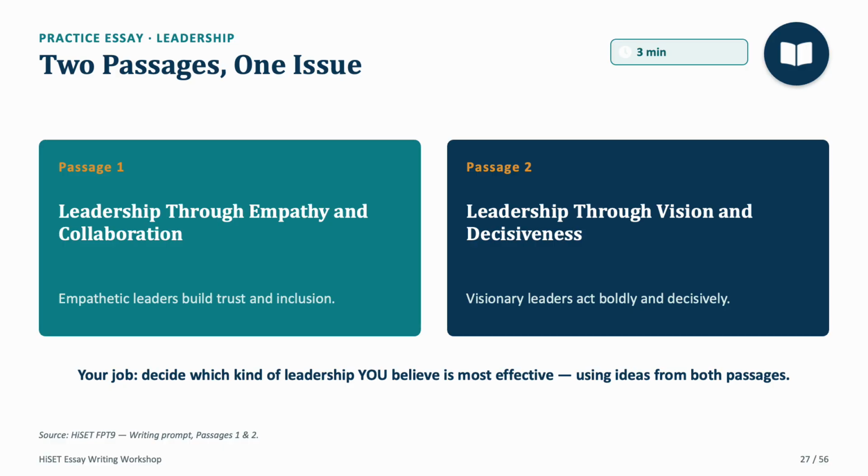Our new topic is what makes an effective leader. This time, instead of workplace clothing, we have 2 passages about leadership. The first passage focuses on empathy and collaboration.